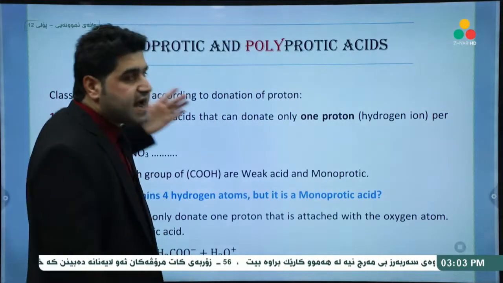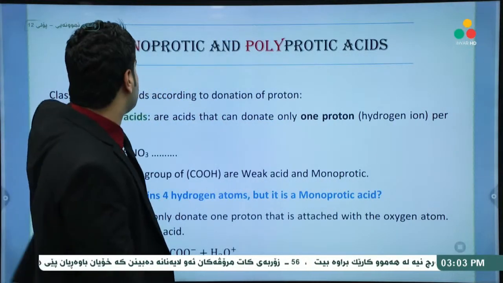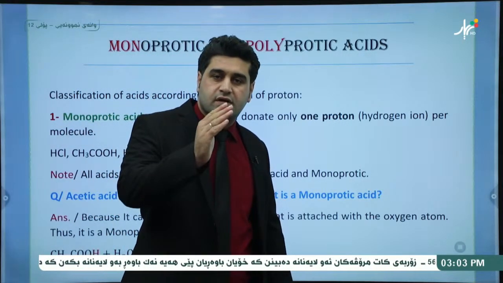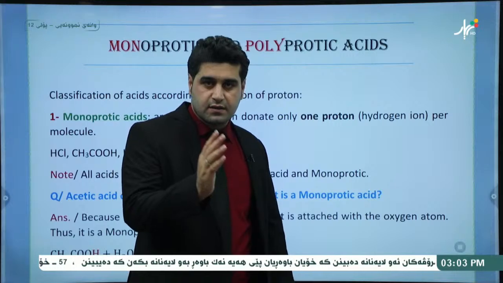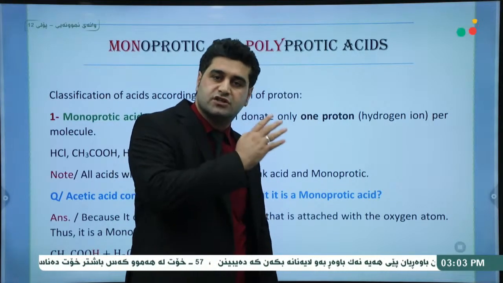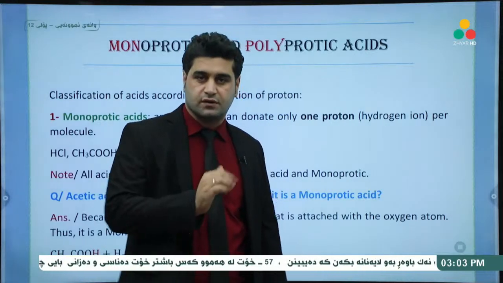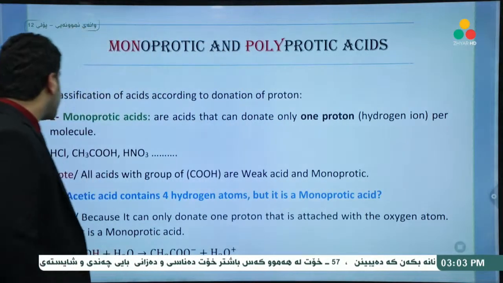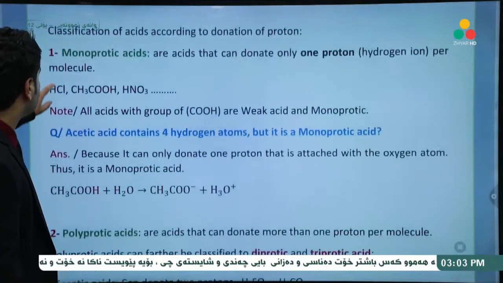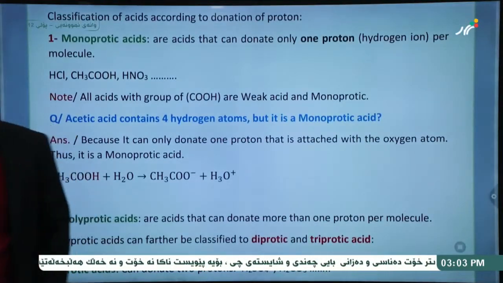So we will start with the classification of the acids based on the number of protons that can be donated. Well, we have two types of the acids, the first of which is monoprotic acid.